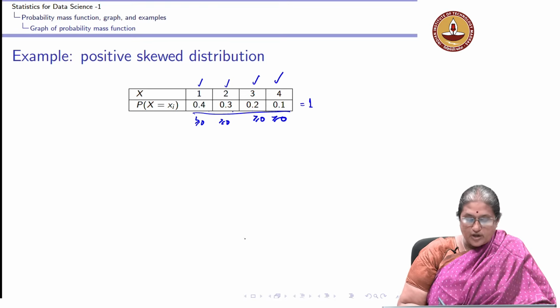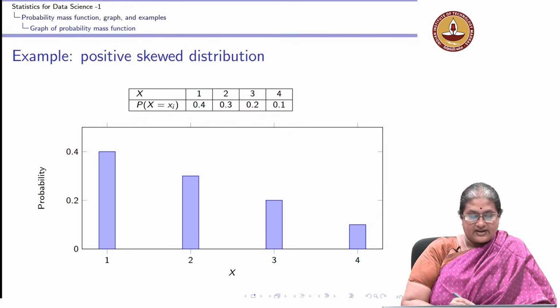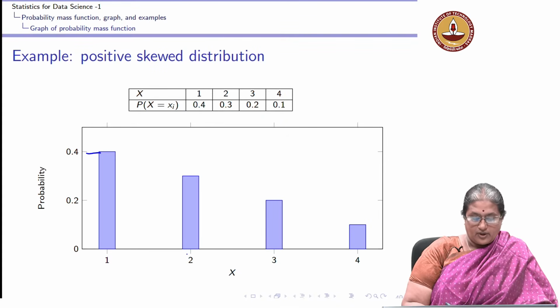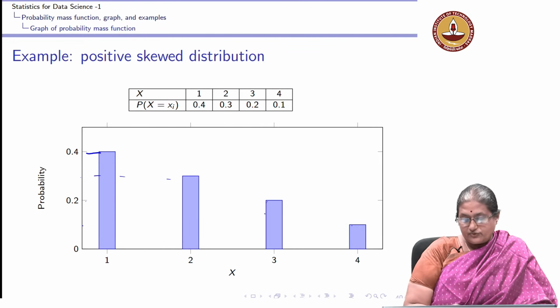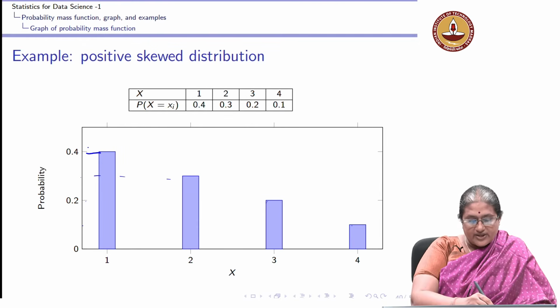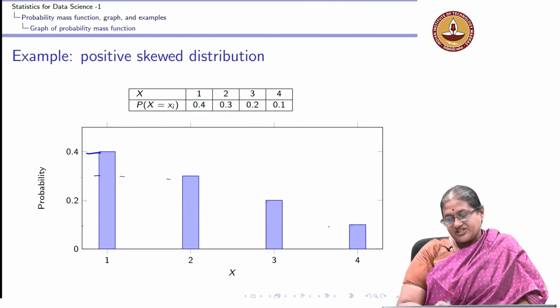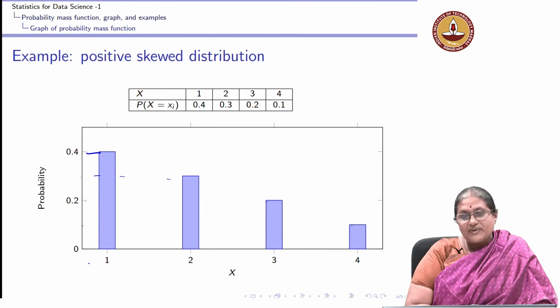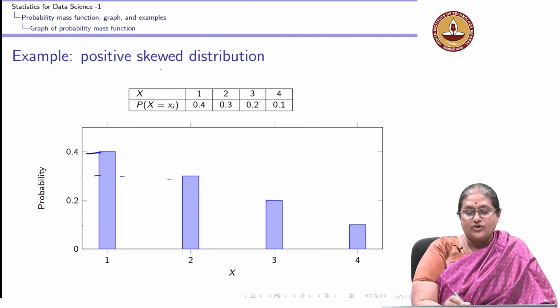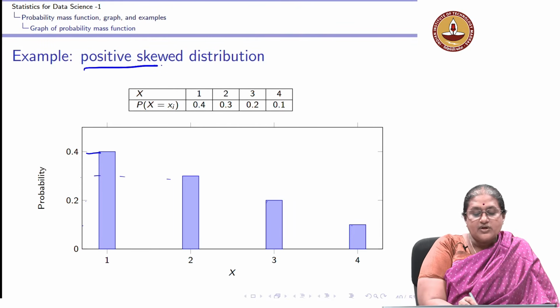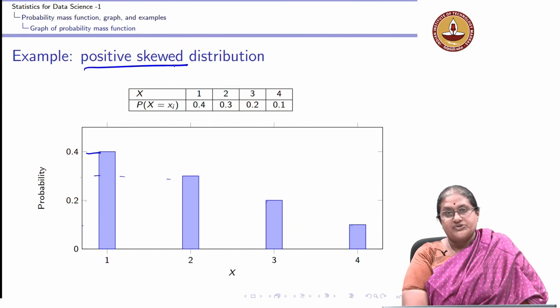Now, if I plot this, I can see that this is a 0.4, x equal to 2 is a 0.3, x equal to 3 is a 0.2, and x equal to 4 is a 0.1. What you can see is this distribution exhibits a skewness, and these are referred to as positive skewed distributions.